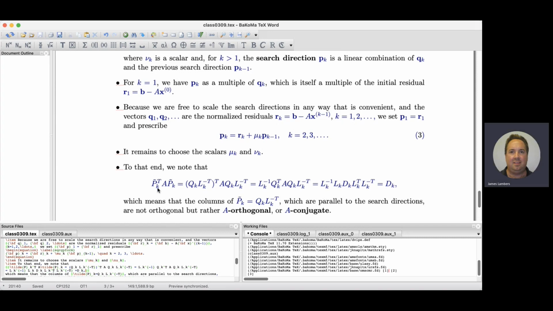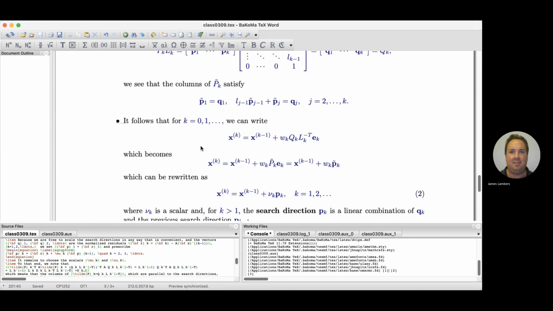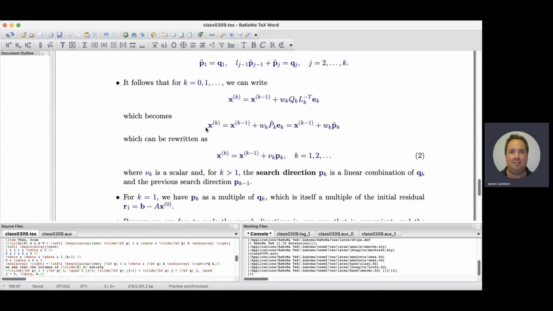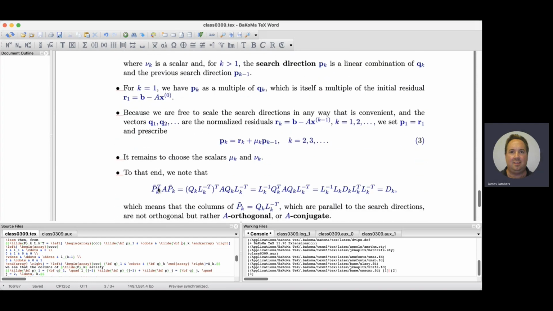Now, if I look at what's happening here, entry by entry in this matrix equation, that's saying that the dot product of one of these vectors, like if I say p_i tilde, the dot product of p_i tilde with A times p_j tilde is equal to 0 if i is not equal to j, and it's non-zero if i equals j.